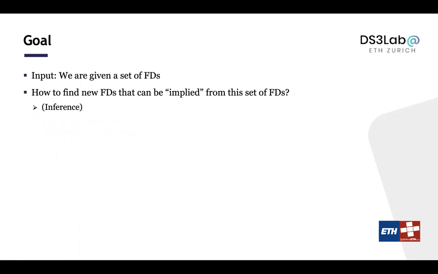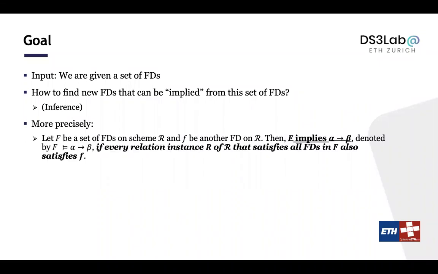Okay, so now let's look at semantics first. Let's define more precisely what we mean by semantically a set of functional dependencies implying another functional dependency. Let F be a set of functional dependencies on schema R. We have another functional dependency from alpha to beta.